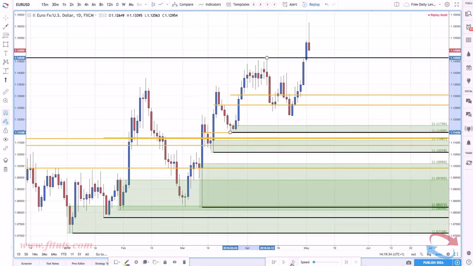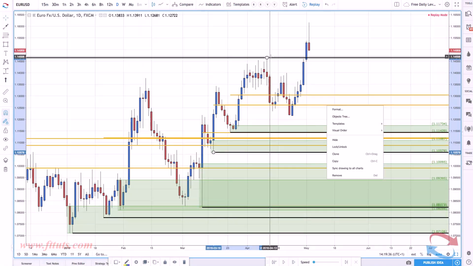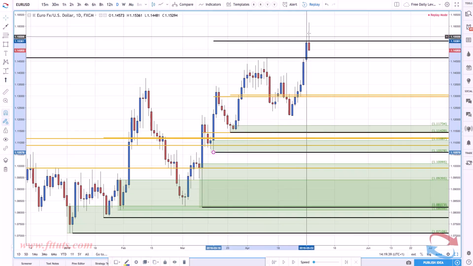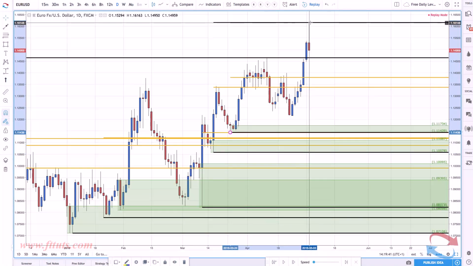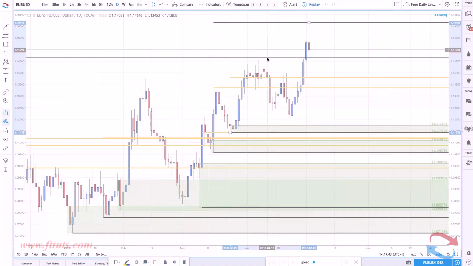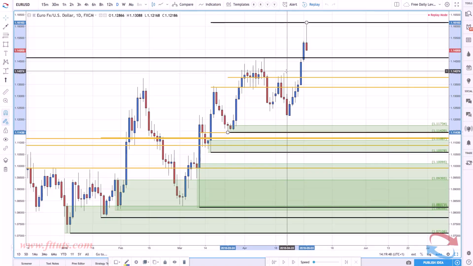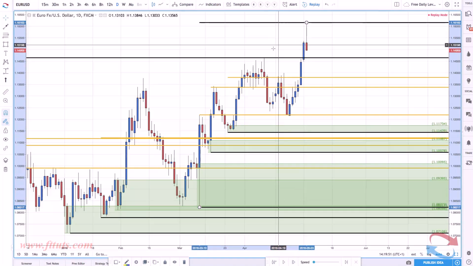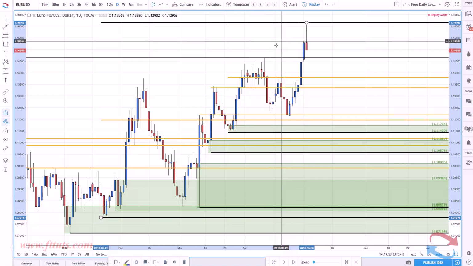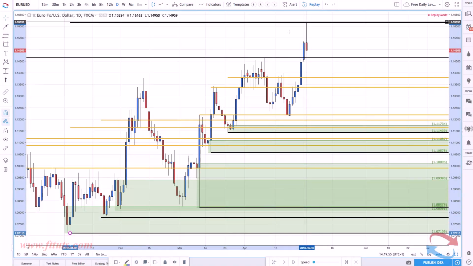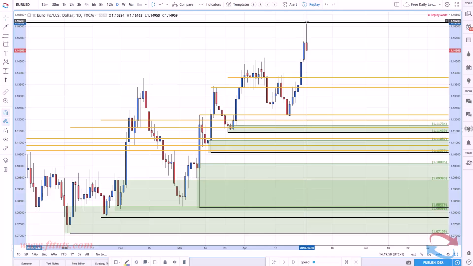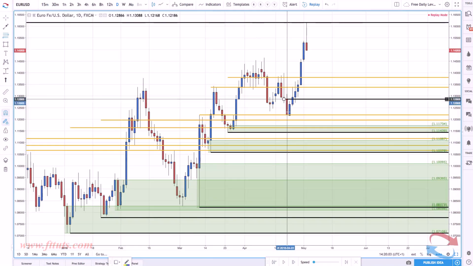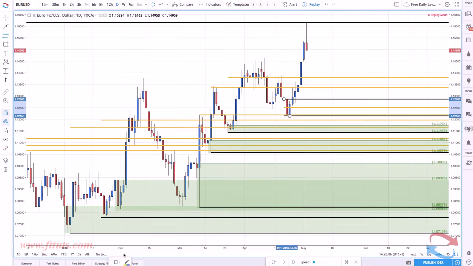Let's see. Again, keep making new highs. New demand zones right here.